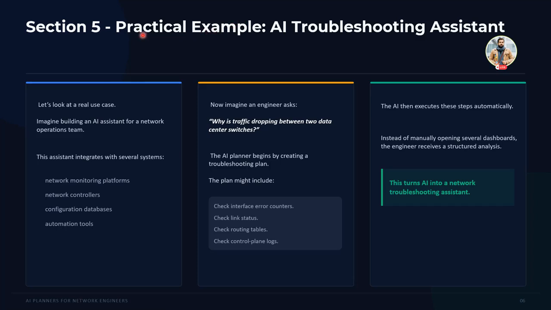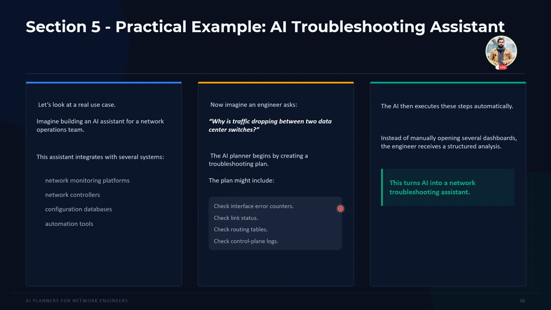So, how does this look in a real operations environment? Like if a team actually deployed this? Great question. Imagine an AI assistant integrated with your monitoring platforms, your network controllers, your configuration databases, your automation tools. An engineer asks, why is traffic dropping between two data center switches? The planner immediately starts building a workflow.